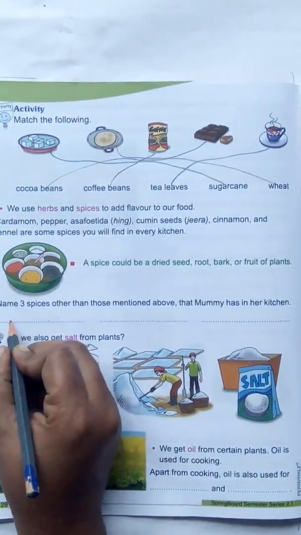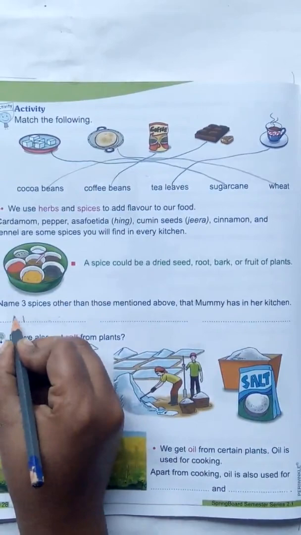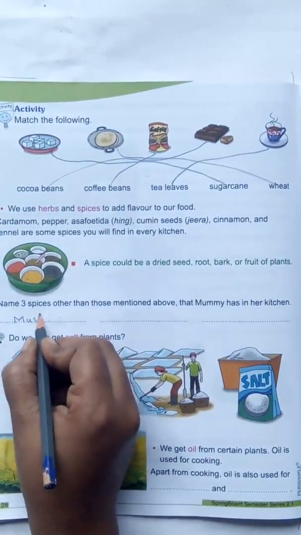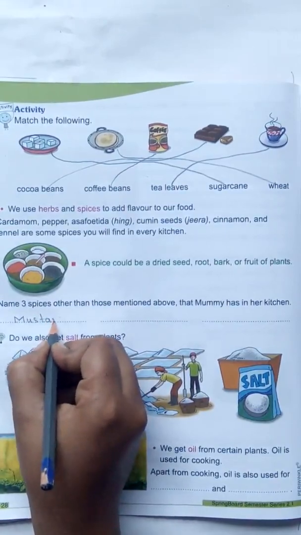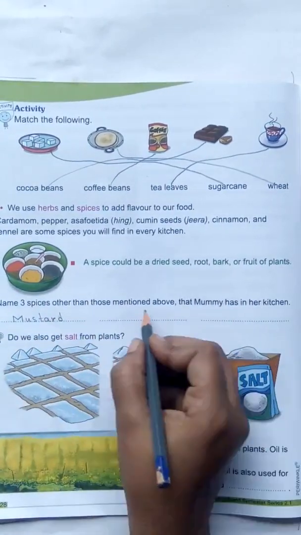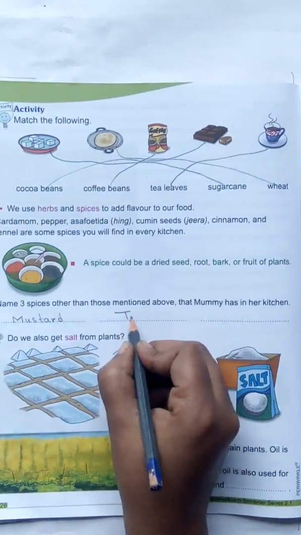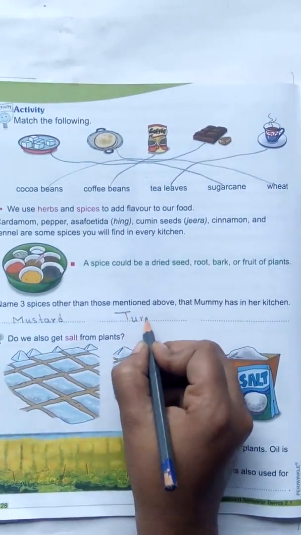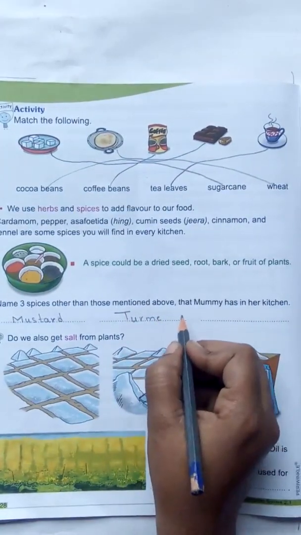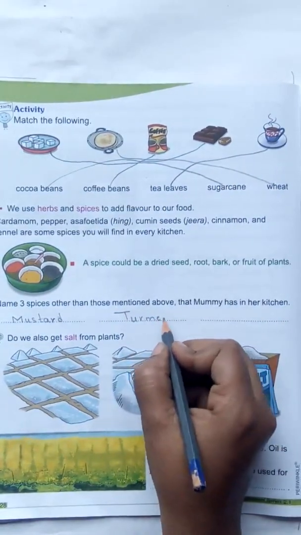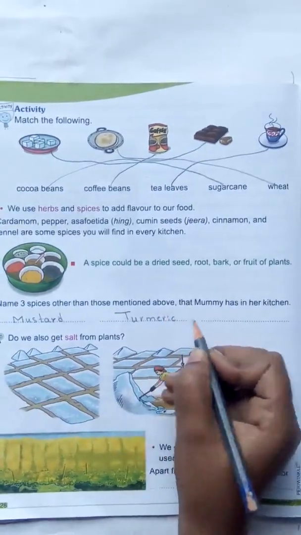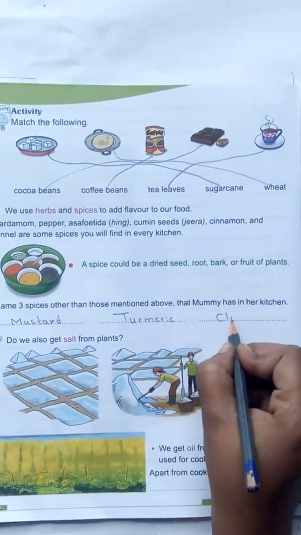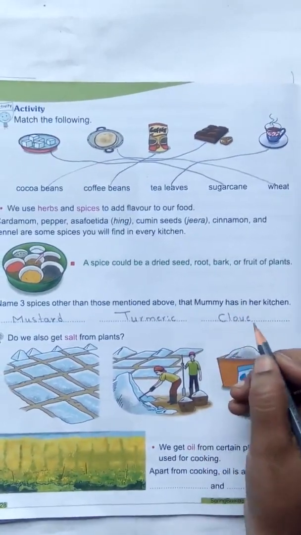You also write in your book. Mustard. Next, second, turmeric. We all use turmeric, mustard, clove in our kitchen.